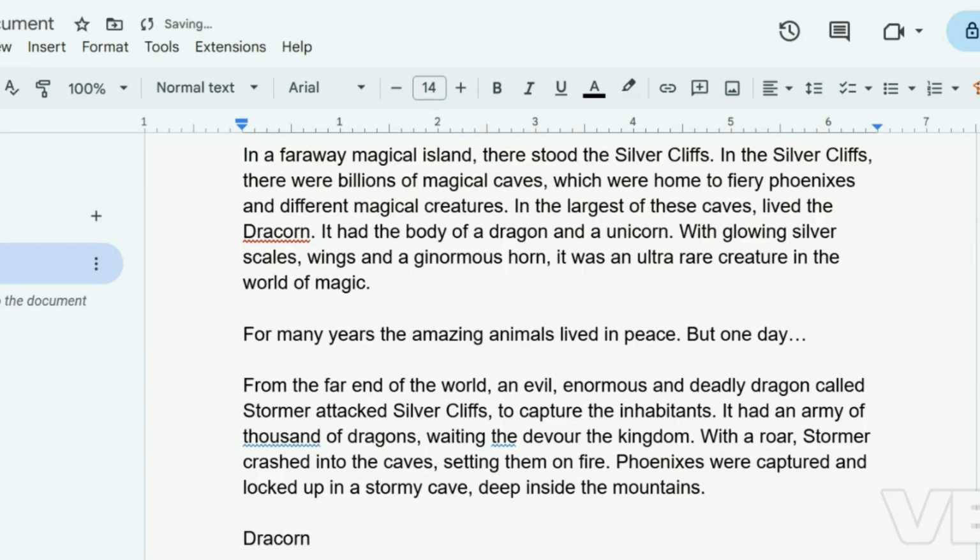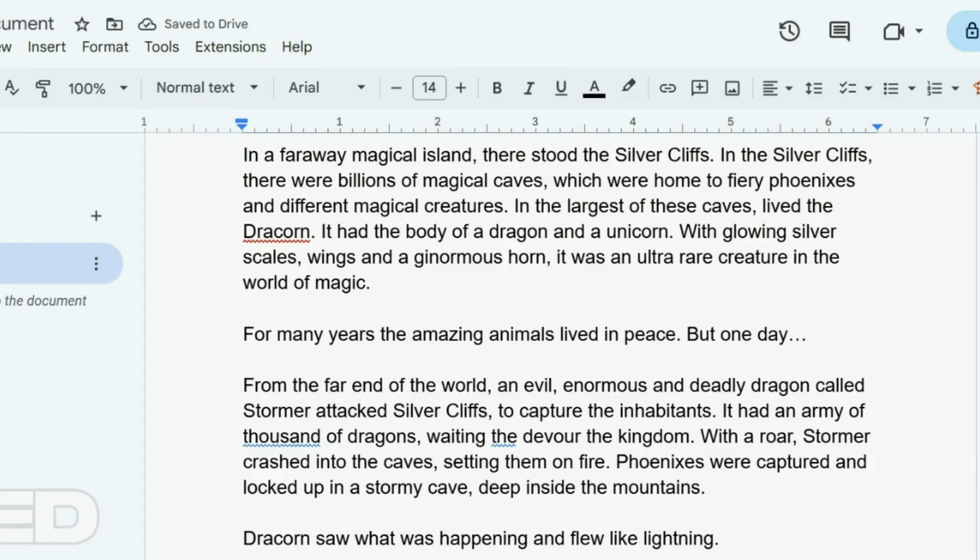Okay, now what will Dracon do? Dracon saw what was happening and flew like lightning. That means Dracon flew very, very fast to the place to save the day.